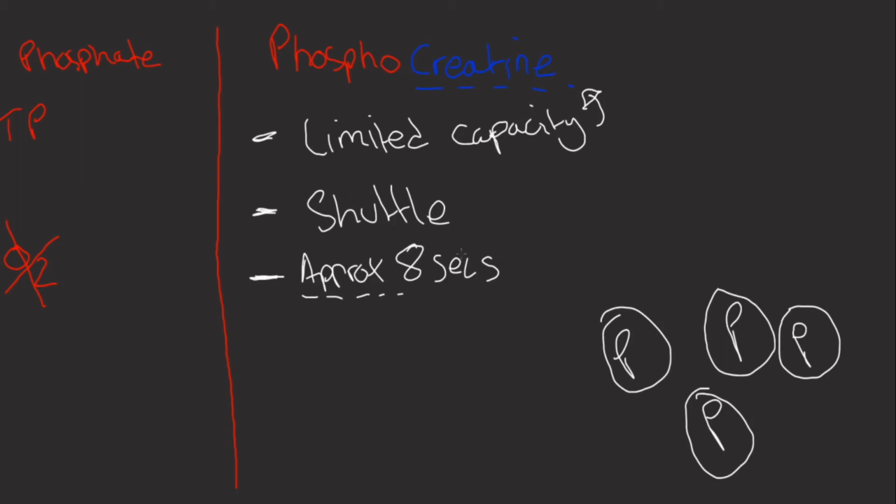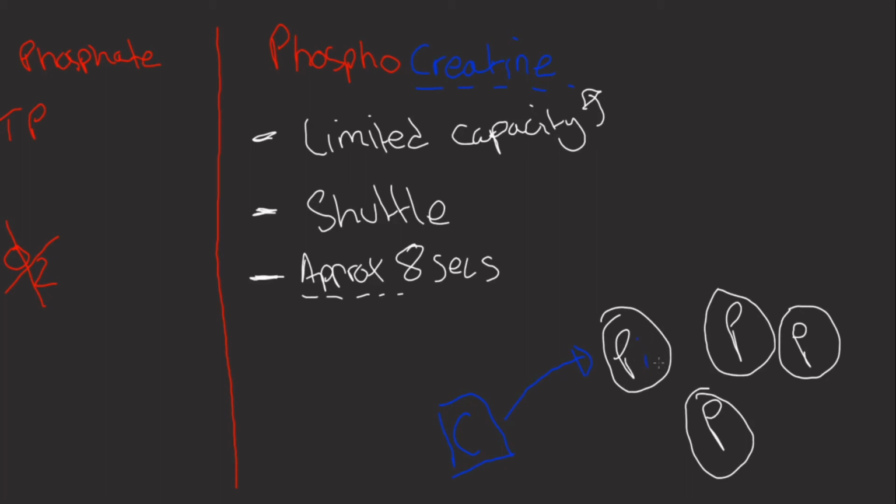So creatine then, this shuttling component, what creatine does is collect these phosphates within our body, these inorganic phosphates, Pi. If you read those in your textbooks or any literature online, you'll find that Pi is often cited.